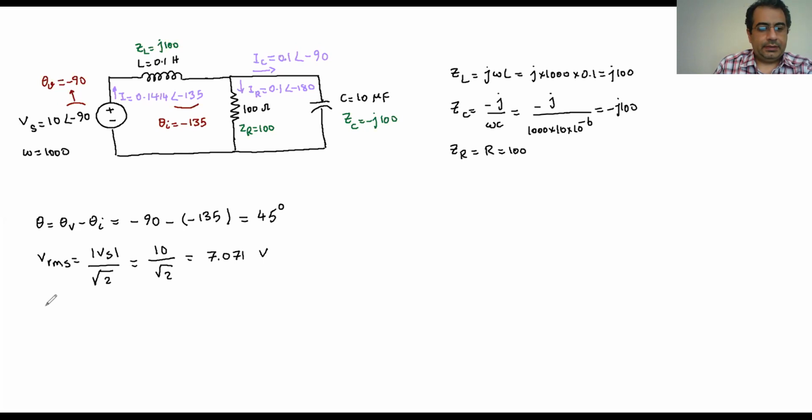The same here, the IRMS is the magnitude of the I divided by square root of 2, which is 0.1414 divided by square root of 2, so it will come out as 0.1 amp.